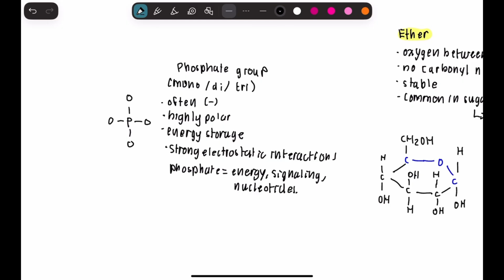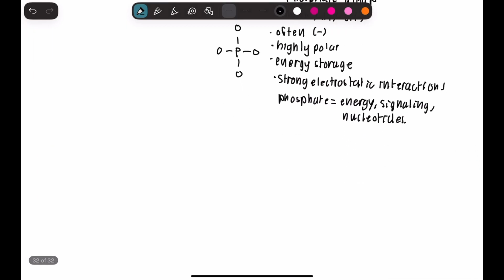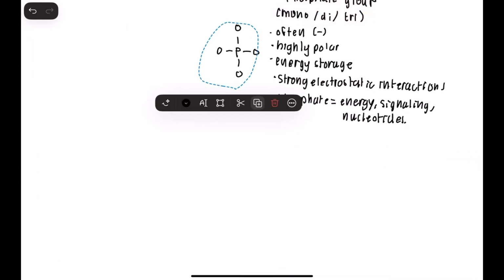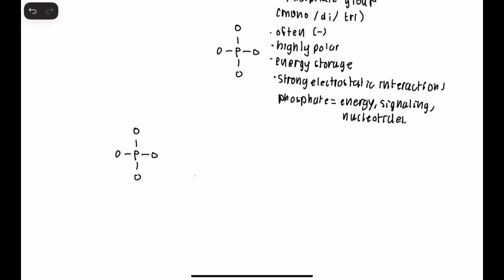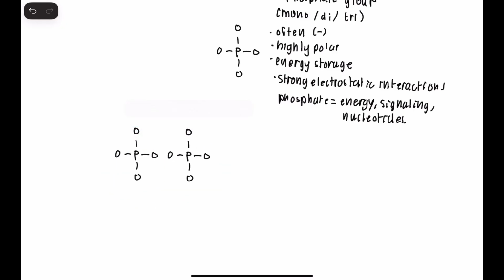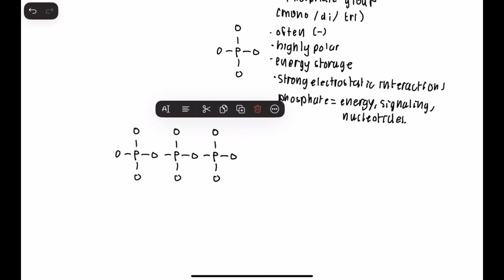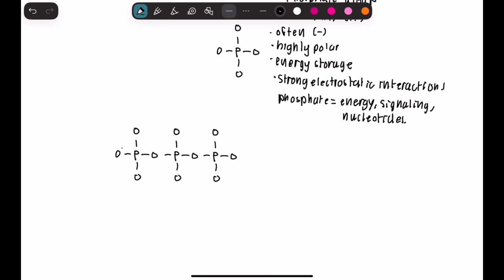So, for example, you can think about there's a whole bunch of phosphates in this. So we have one here, one here, one here. That's going to be negative.